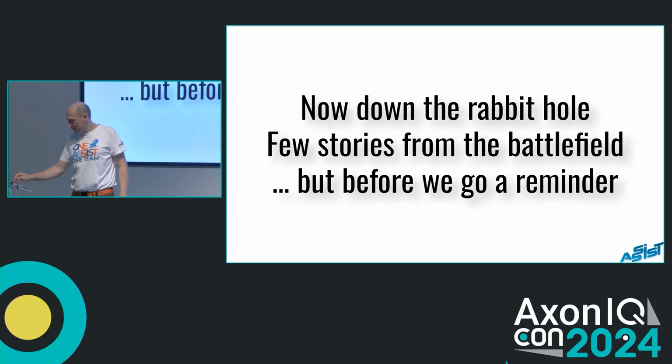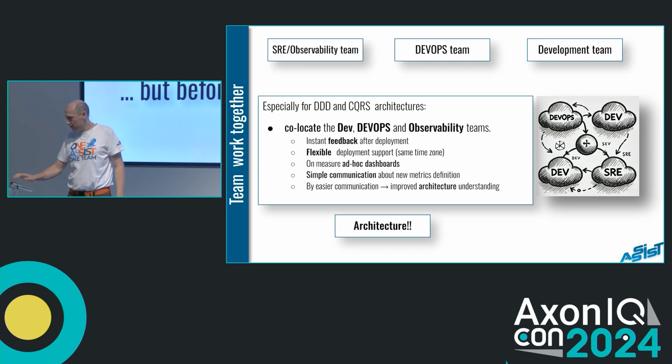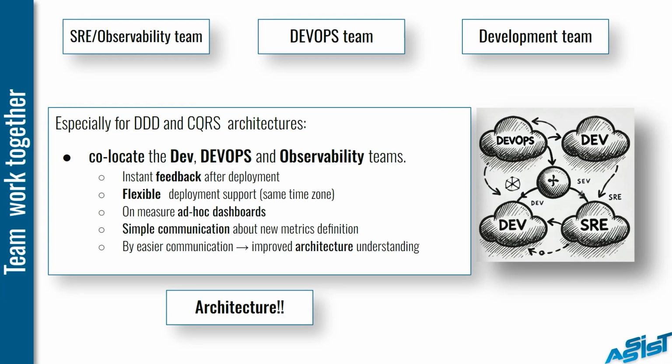Okay, so let's go deeper inside, but before, let me say another thing: we have to be focused on architecture, because if you want to have an efficient observability team, they have to understand how the application is built.